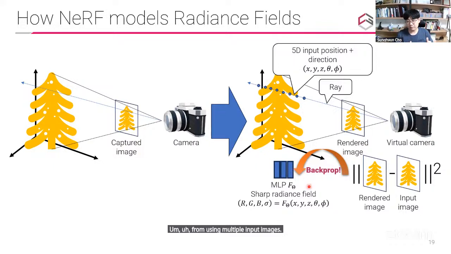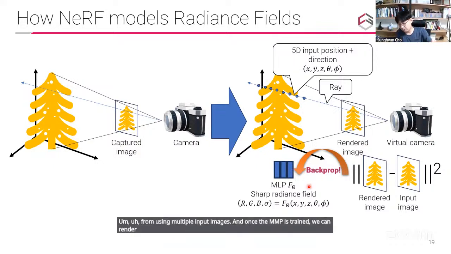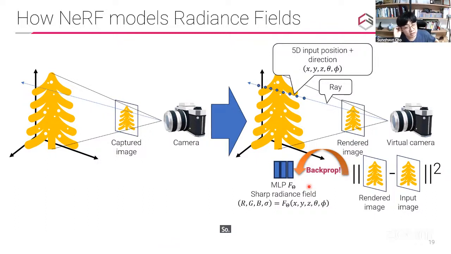And once the MLP is trained, we can render novel views from other viewpoints. So this is basically how NeRF models radiance fields.